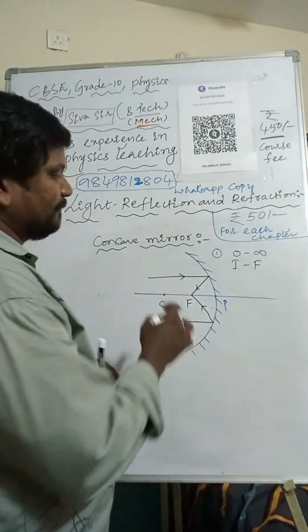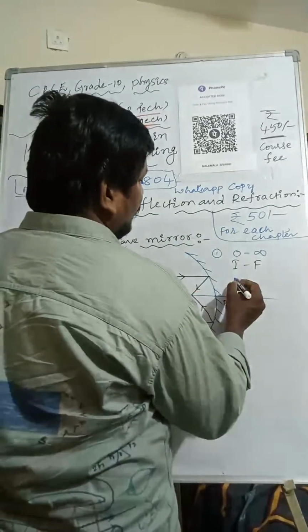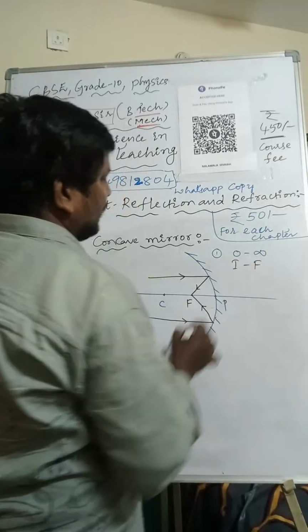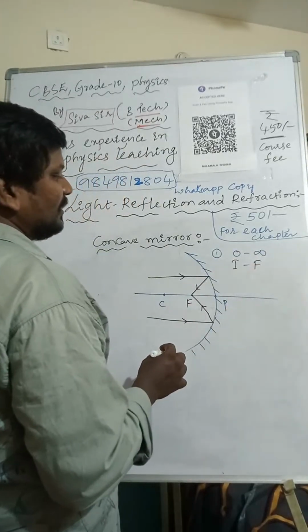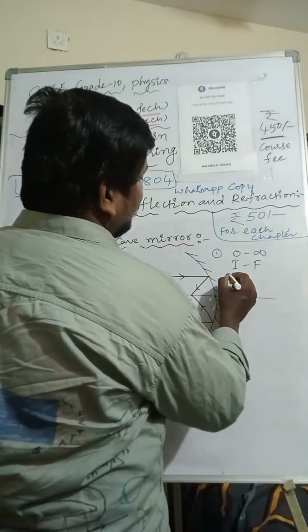Now we can see the object is at infinity, the image will form at focus. What is the nature of the image? Real, inverted.